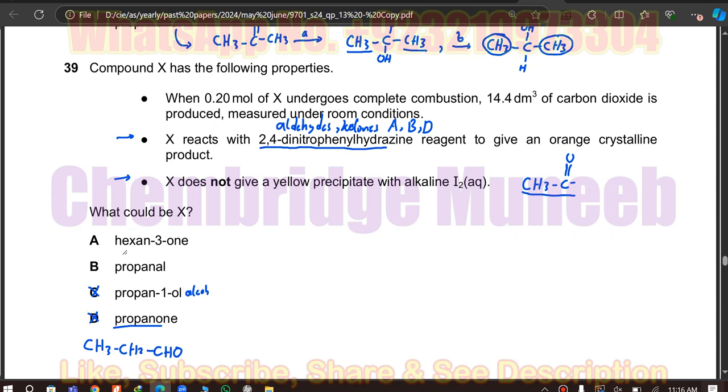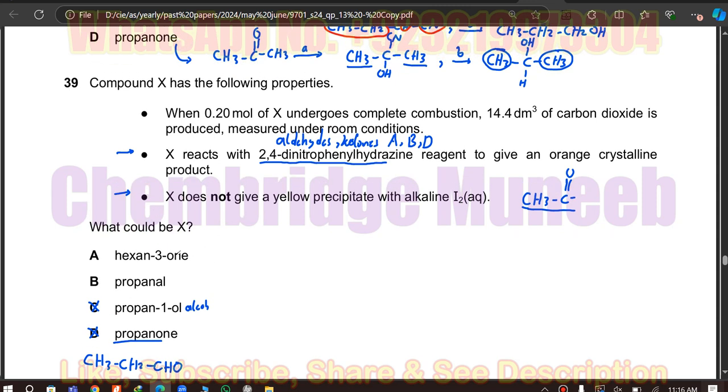So we are left with options A and B, which means we now have to do some calculation on these two compounds. For this purpose we will first react A with oxygen. Hexan-3-one has a carbonyl group on carbon number 3, and we have this structure.